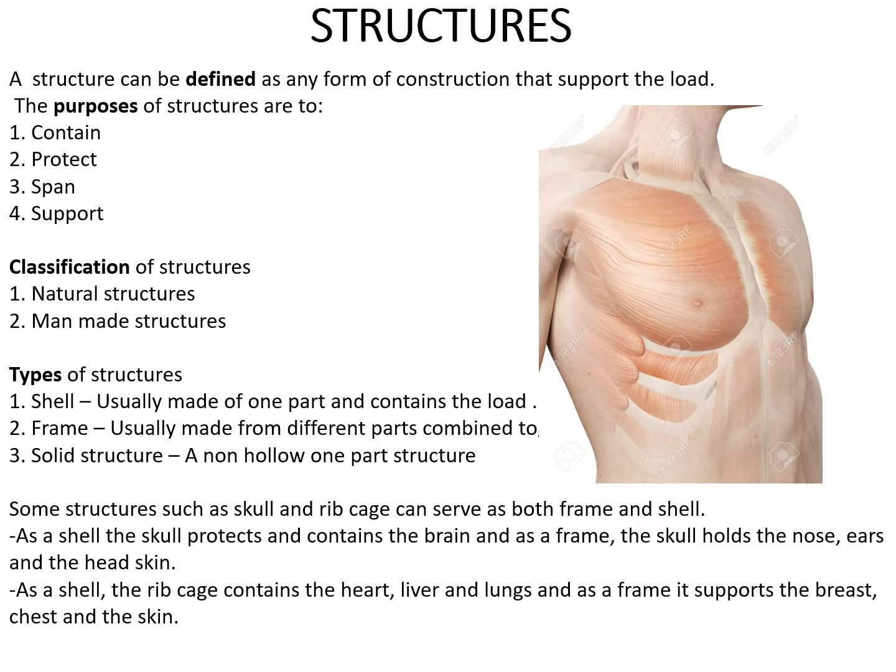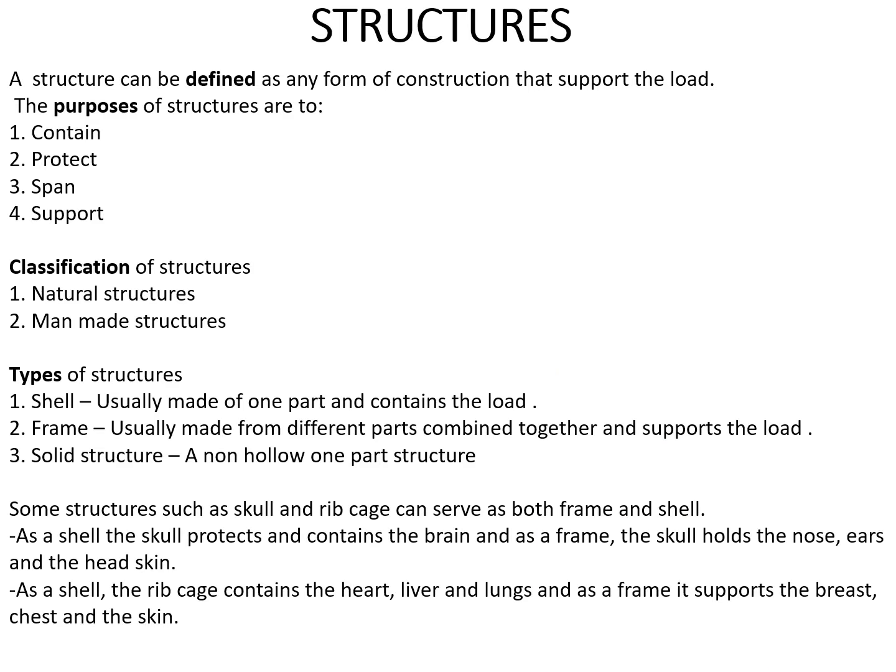But then it can also act as a frame, supporting from inside, as it supports your skin, your chest, your breasts, your muscles from the inside. In this regard, it will therefore be acting as a frame structure.